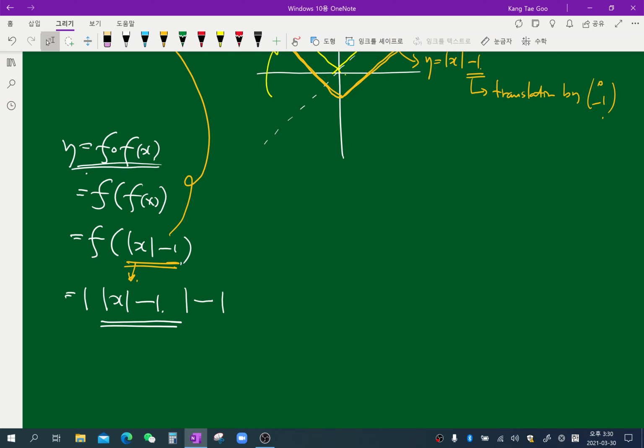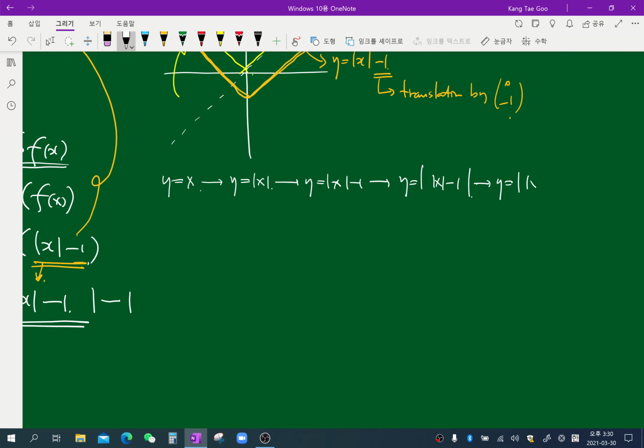The thinking process is something like this. At the very beginning, y is x. After that, we put the absolute value sign, and then we put minus 1. After that, we put the absolute value sign on the entire function. After that, we put another minus 1 there, right?